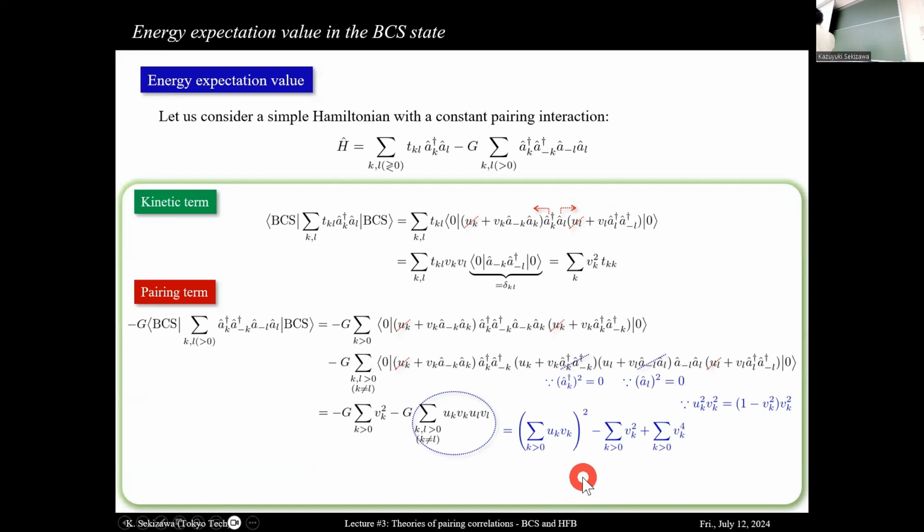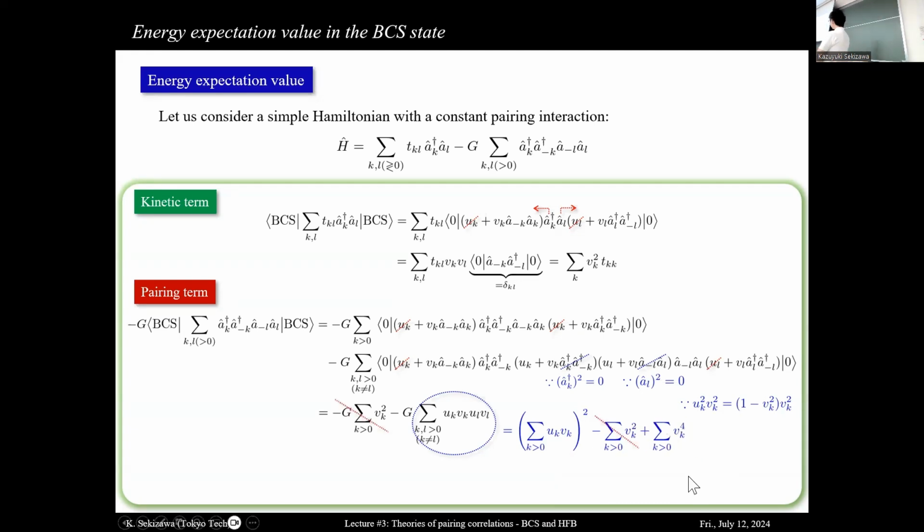And you can expand this again to get the term with the same index and different indexes, as I did before. And you can use this relationship, uk square vk square equals 1 minus vk square times vk square. It results in these two terms, here and here.